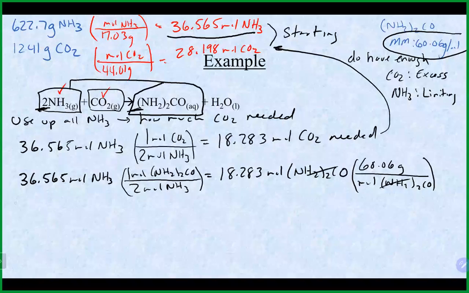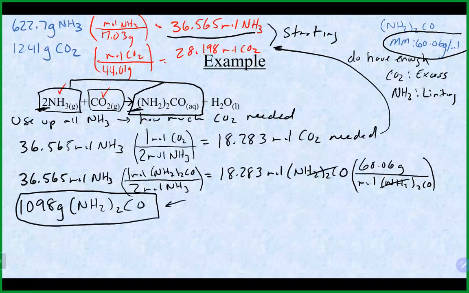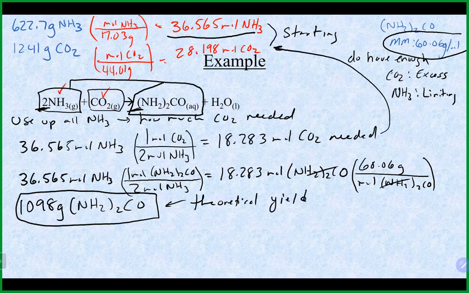Gets us about 1,098 grams of our product here in terms of sig figs. Actually, not too bad since everybody else was 4, I believe, in there. So we can actually leave it here. This again would be our theoretical yield. Question on that there?